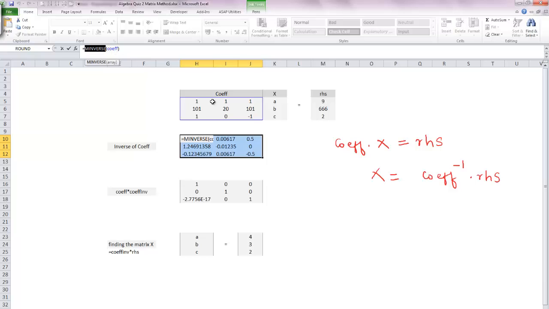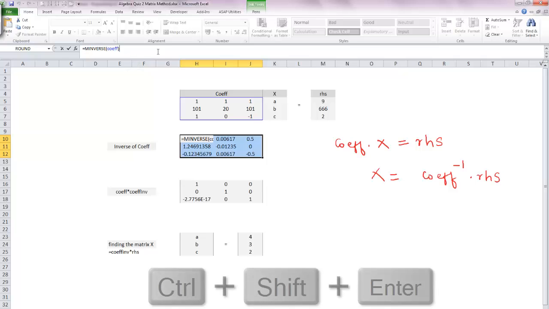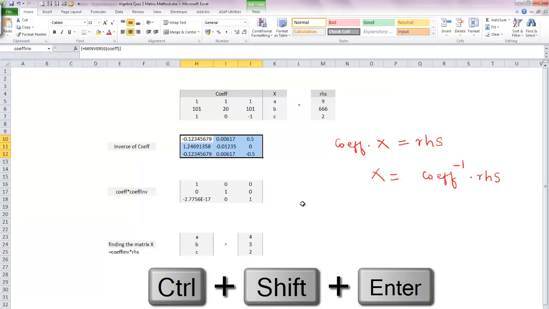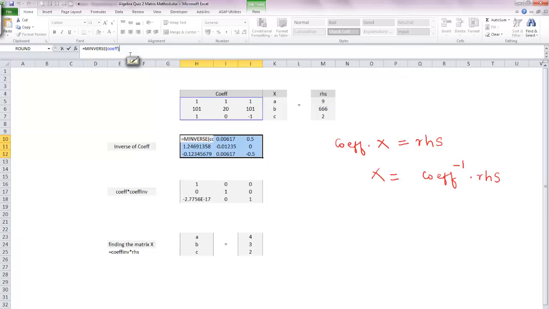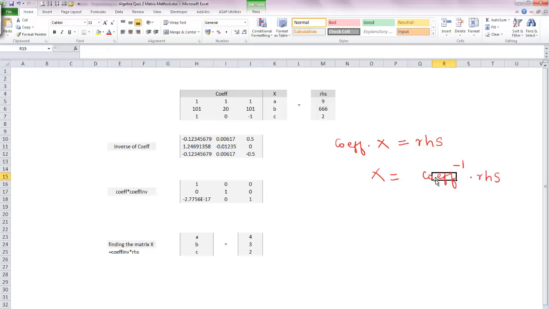The array is the one listed above, coefficient. Then you can't simply press enter, you have to press Control Shift Enter. When you do that, Excel puts curly brackets, which means it's an array entered formula. Now we've got the coefficient inverse.